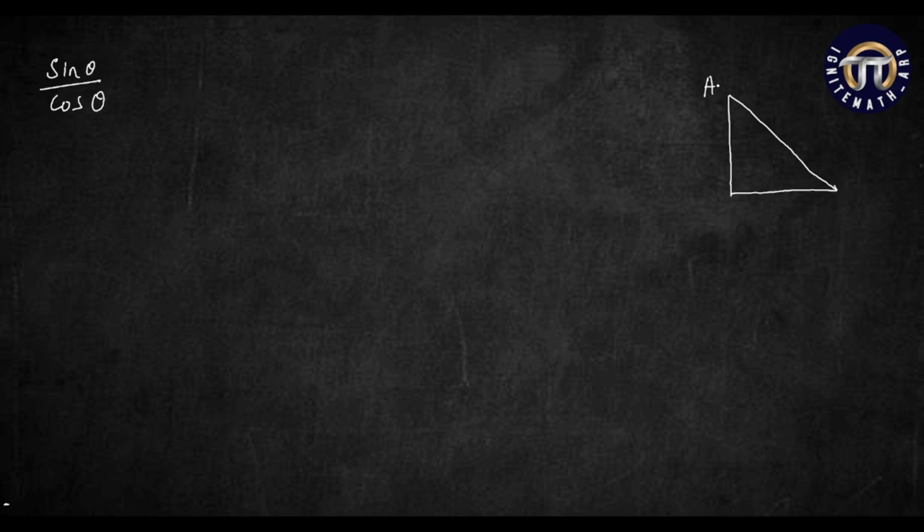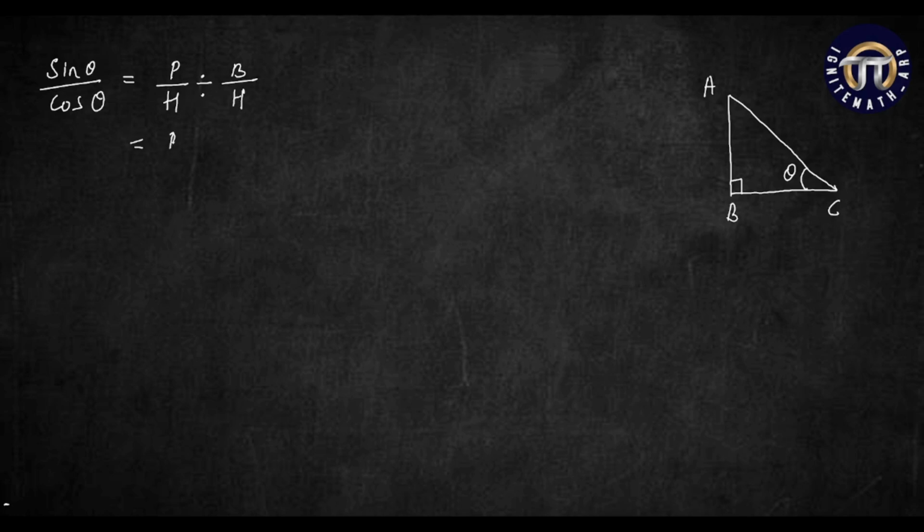This is AB, the right angle was here. This is the perpendicular when I am talking about theta at C. So sin theta is what, children? Sin theta is perpendicular by hypotenuse, divided by cos theta, which is base by hypotenuse.